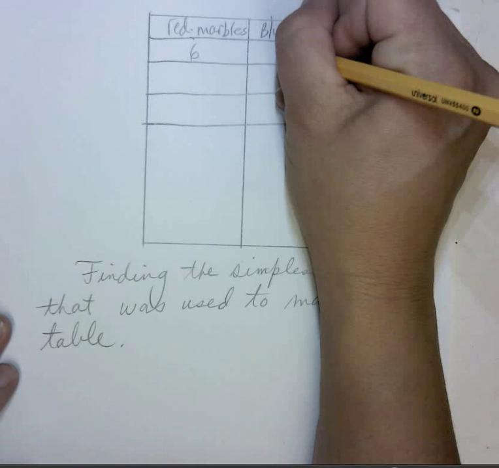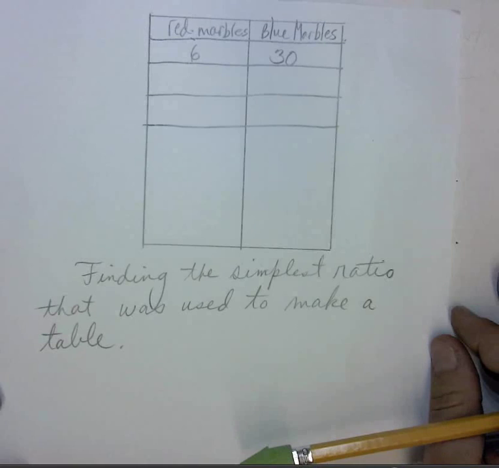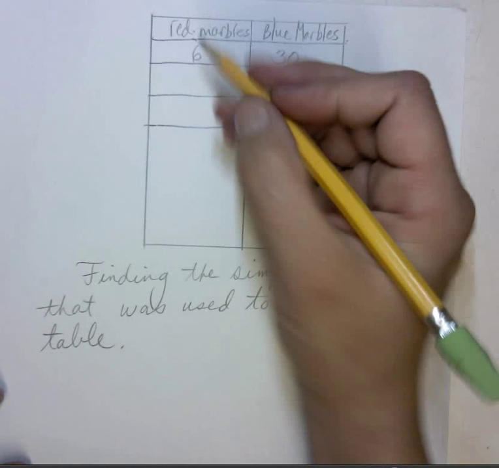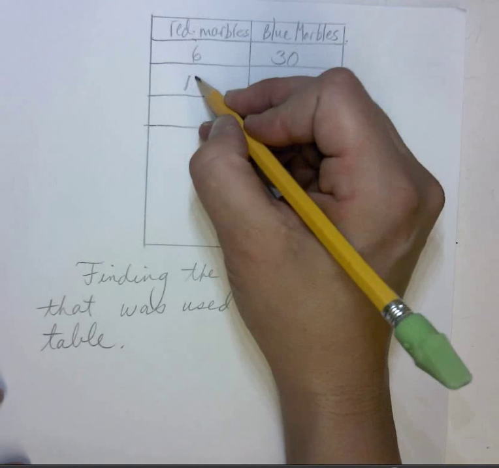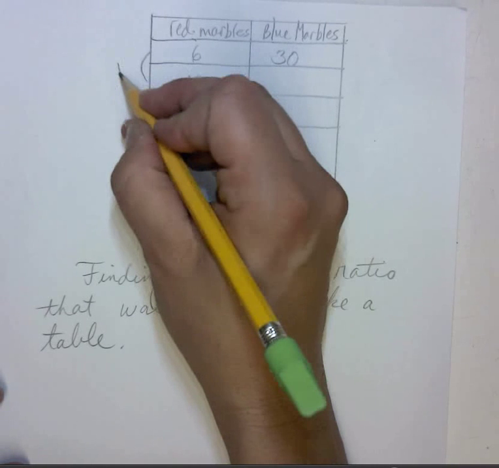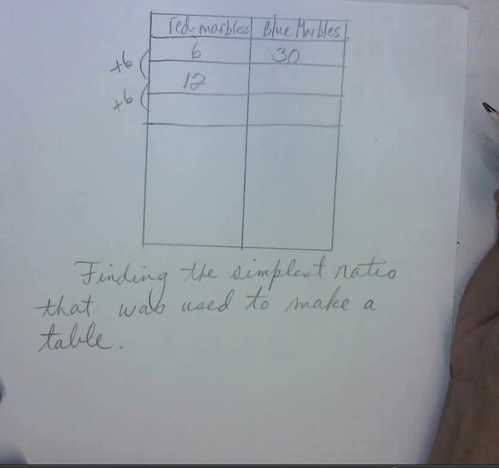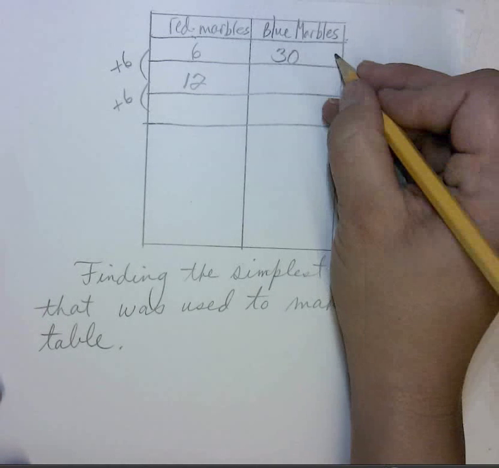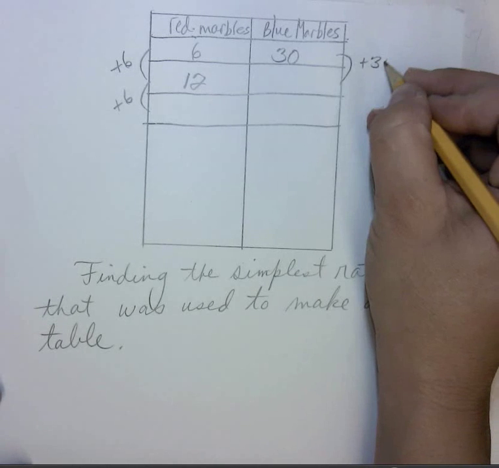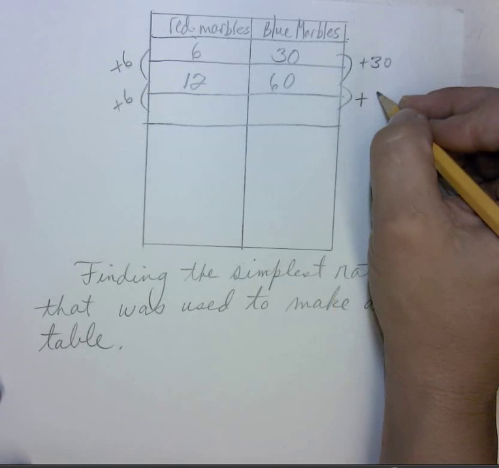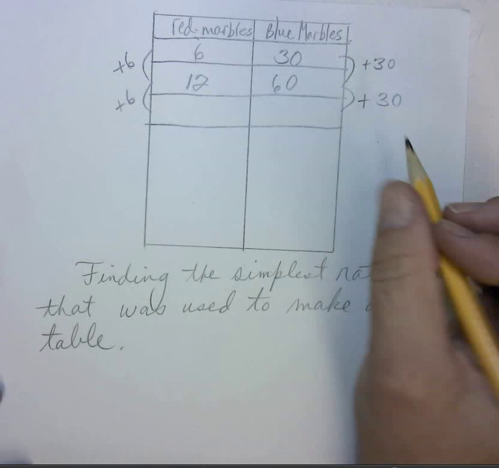Okay? Now you can follow that pattern and you can skip count by sixes. We know that that's an additive relationship. Over here you can do the same thing. Add 30 each time. I found that in your class, you like to skip count by the same number.